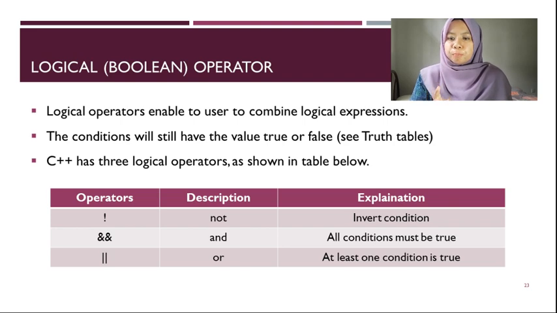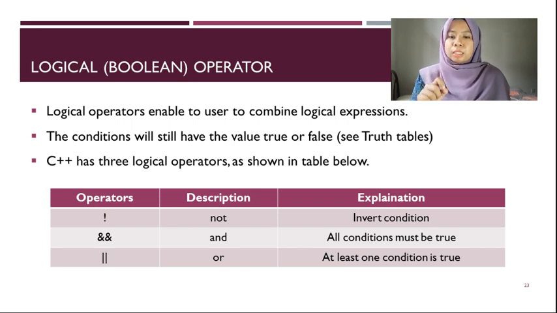The not sign is for inverting a condition. For example, if the condition is age greater than or equal to 21, it will invert the condition, so the program will read it as age is less than 21. The second operator is AND, where we use the symbol & two times.